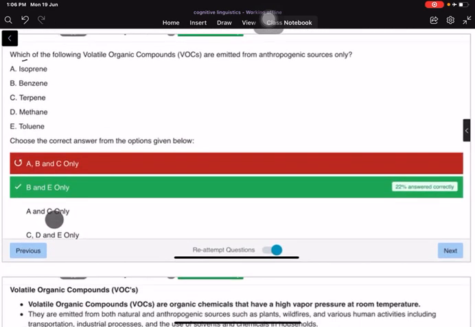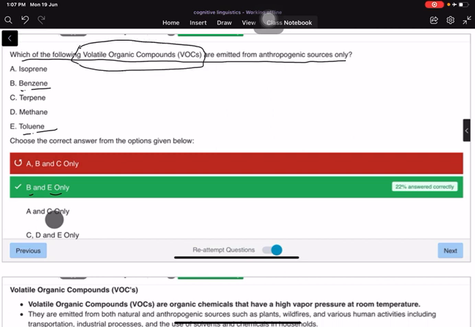And then, which of the following volatile organic compounds are emitted from anthropogenic sources only? So that's B and E, benzene and toluene. These volatile organic compounds are emitted from anthropogenic sources, benzene and toluene, not methane, not terpene, and not isoprene.